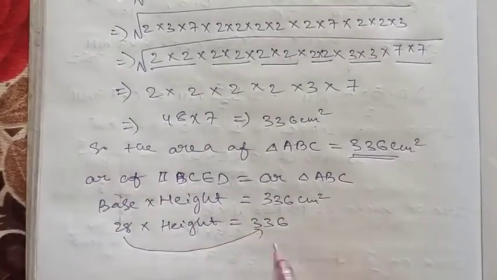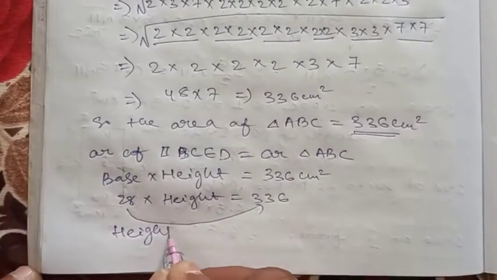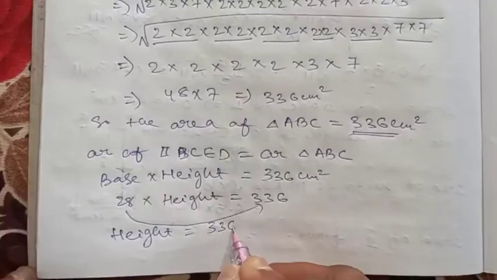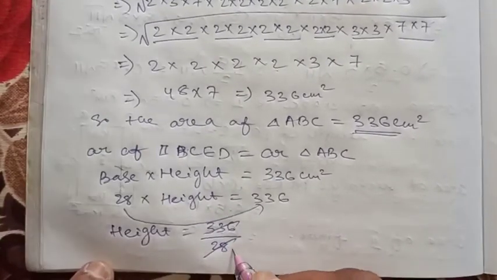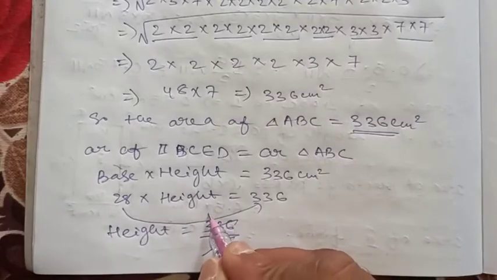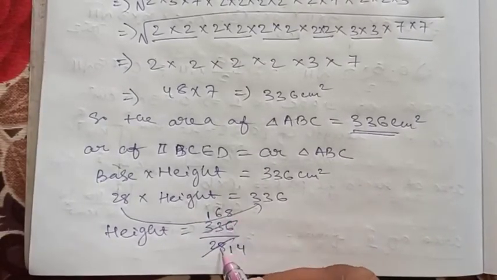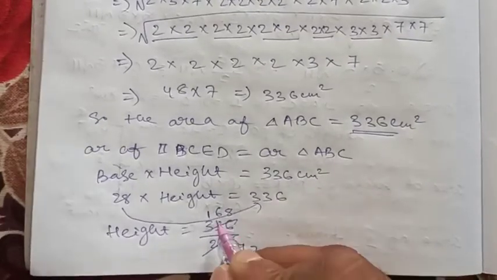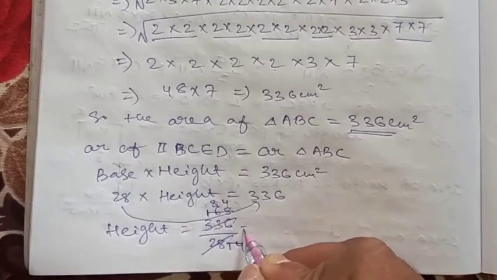Divide 28 this side. It will be height equals to 336 by 28. When we will cancel, we will get it 2 14s are 28, 2 1s are 2, 1 carry, 2 6s are 12, 1 carry, 2 8s are 16. Again 2 7s are 14, 2 8s are 16, 2 4s are 8.